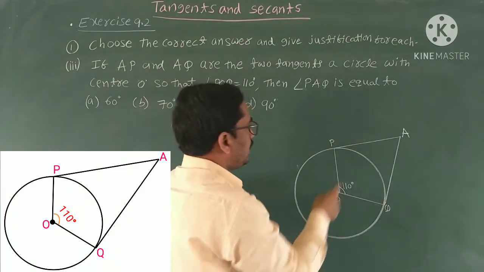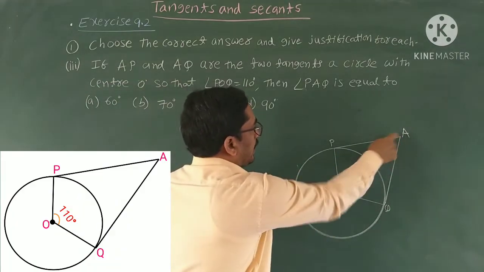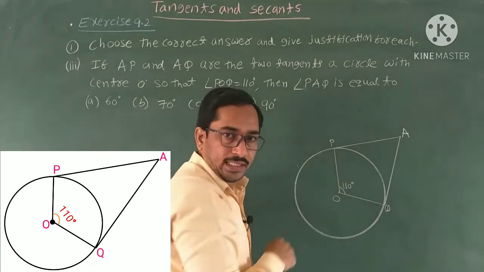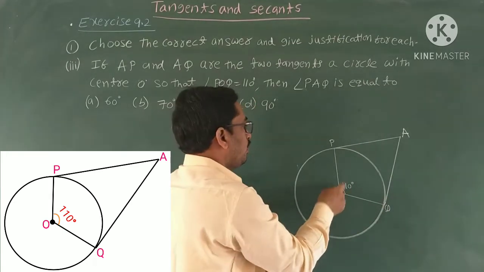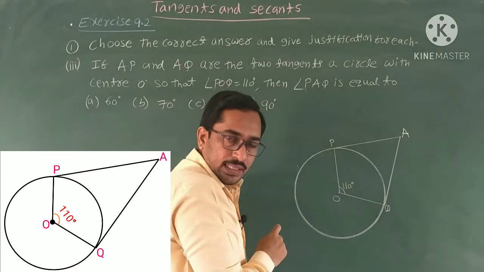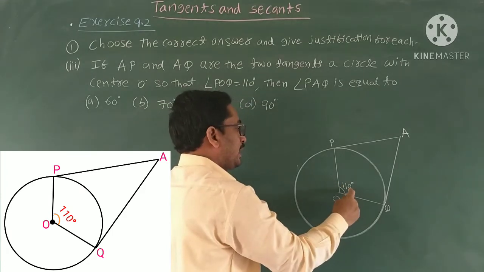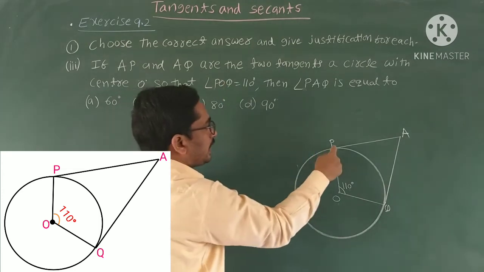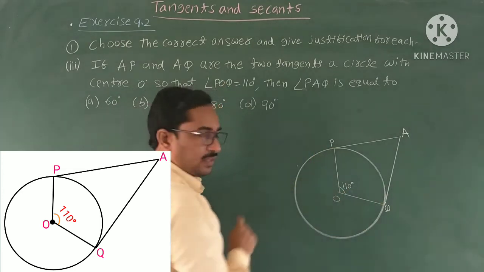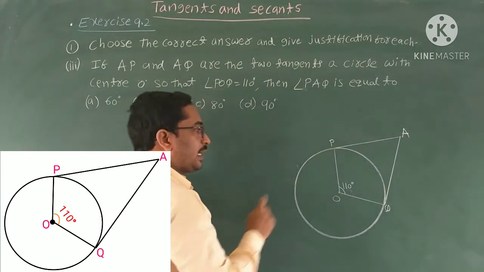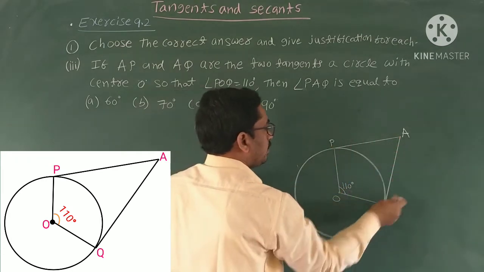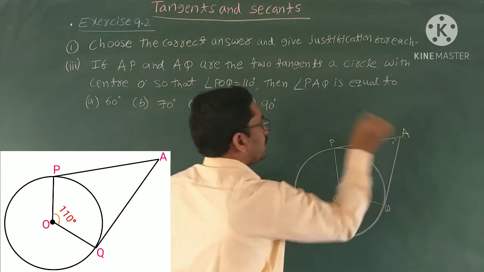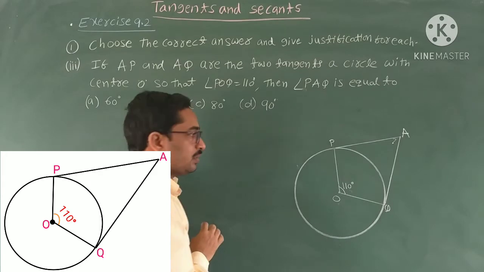See the diagram for the circle: AP and AQ are the two tangents, OP and OQ are the radii, and the angle between these two radii, angle POQ, is given as 110 degrees. So what is the angle at A? We have to find out.